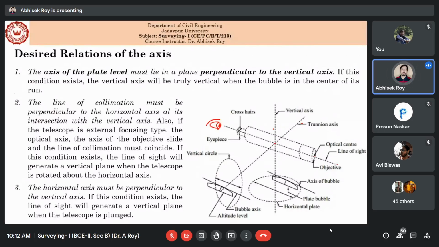So your axis of plate level must lie in a plane perpendicular to the vertical axis. You can see these are the plate bubbles. So your plate levels should be in a plane which is 90 degrees to the vertical axis. This should be the first relation. The second one is that your line of collimation, that means this axis, must be perpendicular to the horizontal axis. So this angle should be 90 degrees.